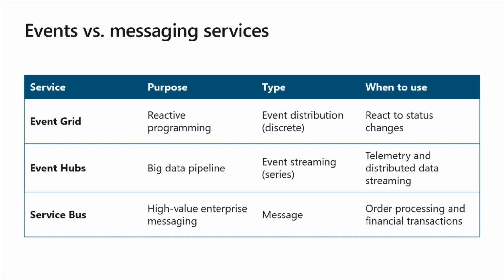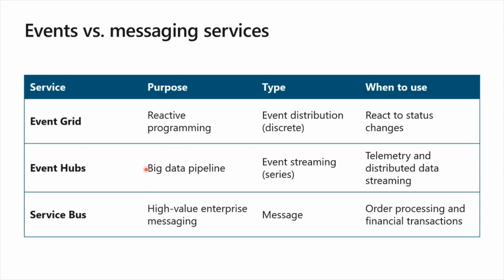So you understand, an event is simply that something happened, but a message is not like an event. So you need to understand now. Event Grid is reactive programming. Let me make the laser pointer.